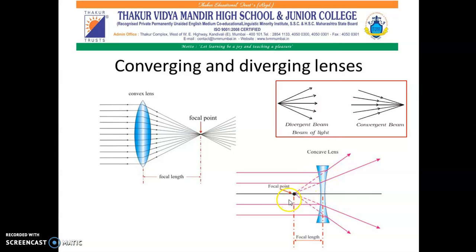This point is called the principal focus of the concave lens or the focal point. And the distance between the focal point and the optical center is called the focal length. This we already know. So this is the reason why convex lens is called converging lens and why concave lens is called a diverging lens.